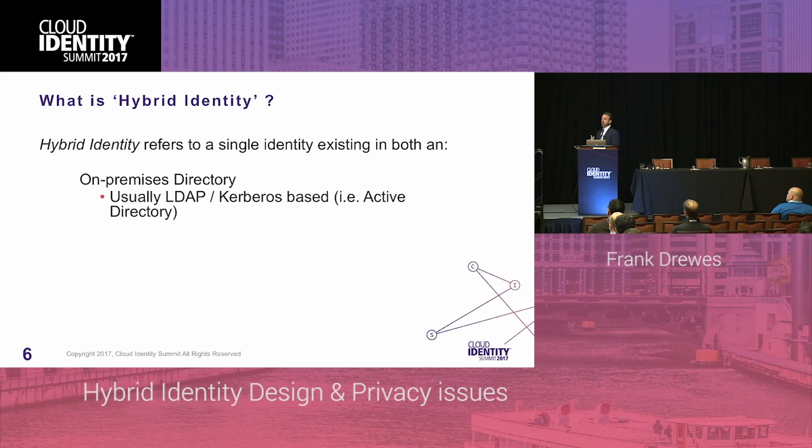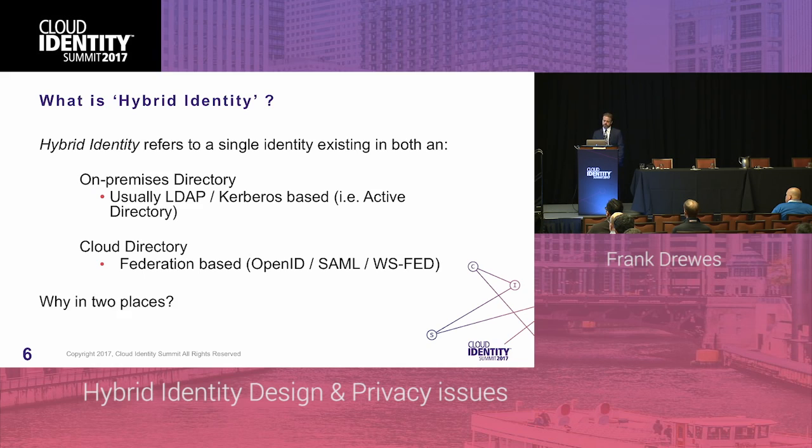One is on-premise, right? In an on-premise directory, we've been using these for decades now, usually LDAP, Kerberos-based, things like Active Directory and Oracle OIM. And then also the idea of a cloud directory, right? And these are based on newer protocols and concepts such as OpenID, SAML, WS-Federation.